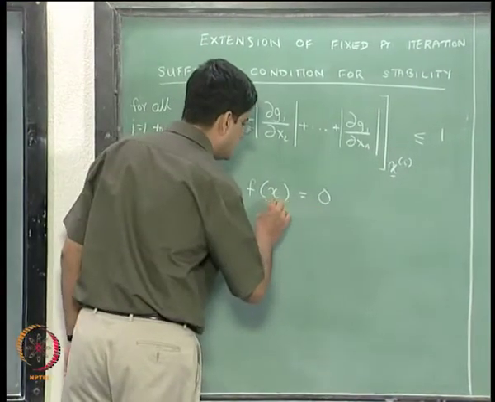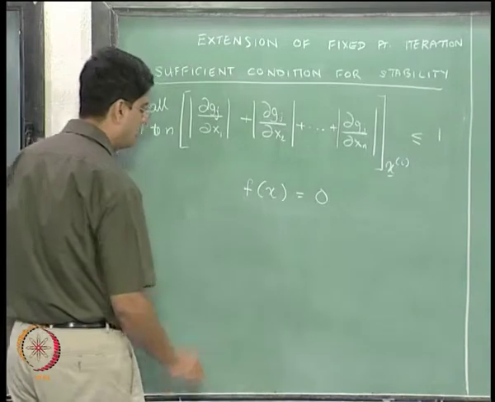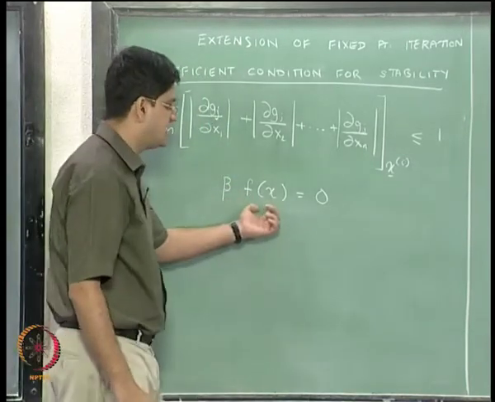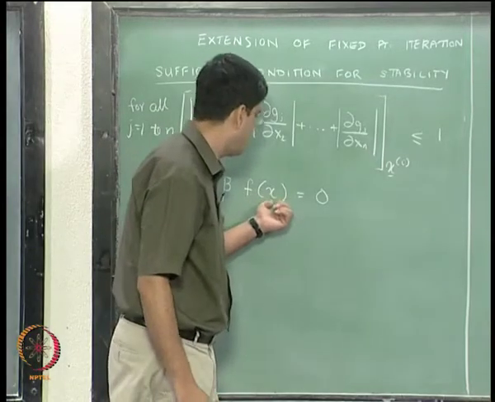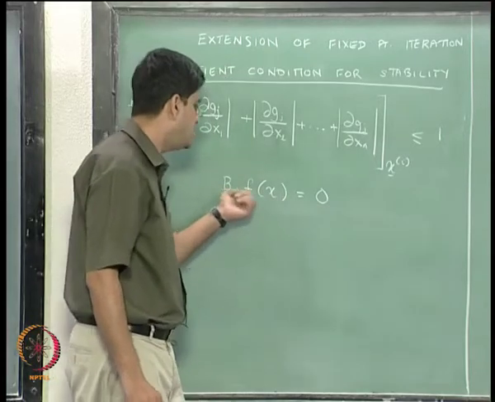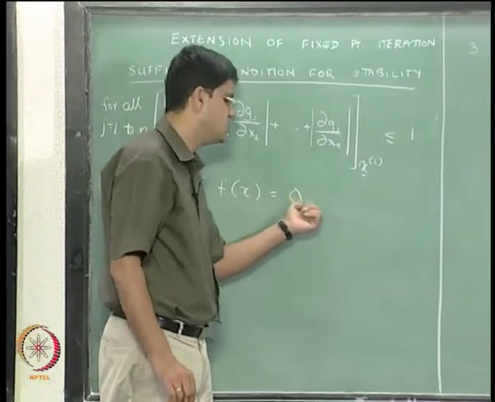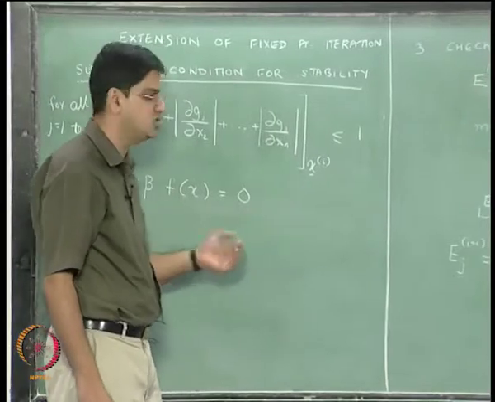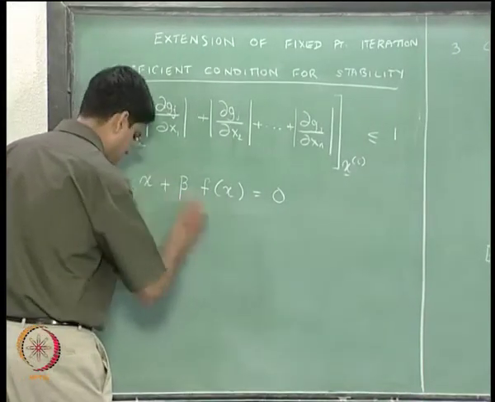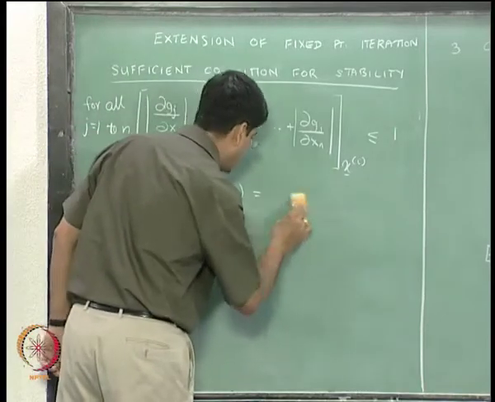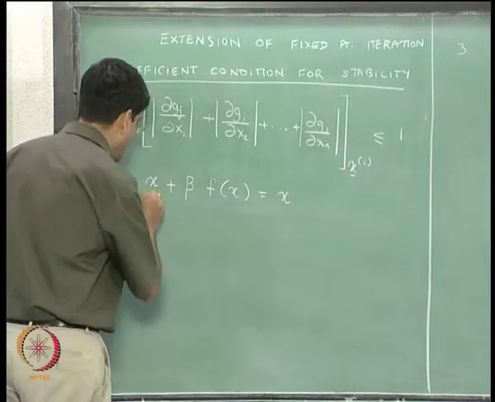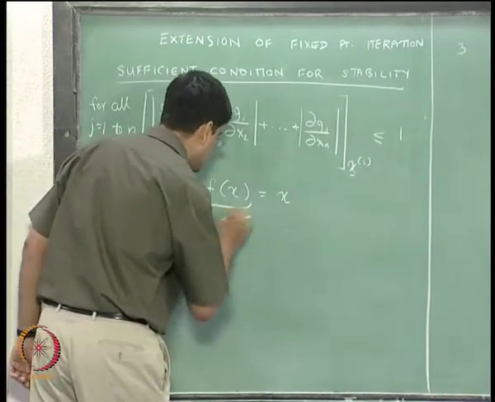If f of x equal to 0 is the problem we want to solve, we can multiply this equation by beta. The solution for beta multiplied by f of x equal to 0 is also going to be the same solution, and then on both sides we can add x. So what we get is an equation of this particular form, and this becomes our g.